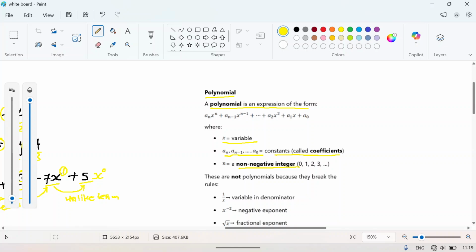In simple words, a polynomial is an algebraic expression in which the exponents or powers of the variable are in decreasing order.